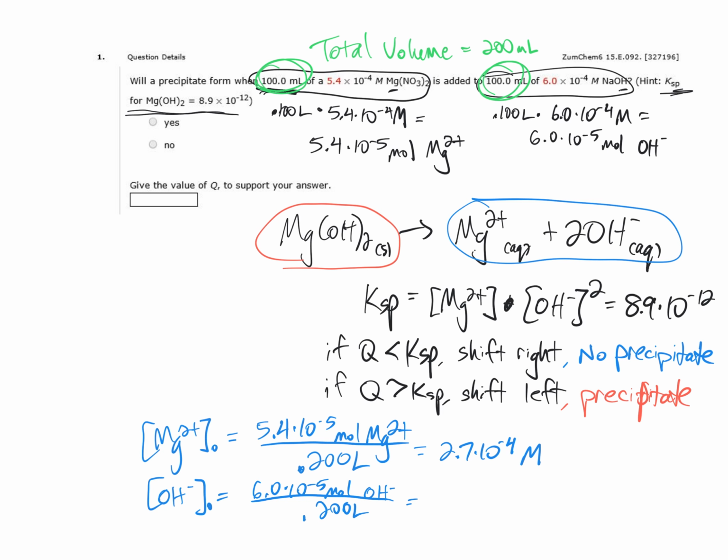Notice that the total volume is the same for both ions. And in this case, it works out to be 3 times 10 to the negative 4th.